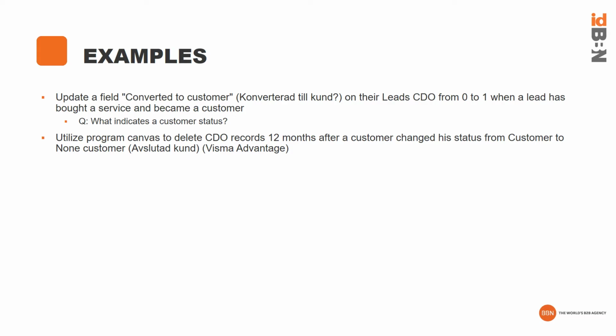Then there's another question: how to use Program Canvas to delete CDO records 12 months after the customer changed his status from customer to non-customer. In your customer CDO, you have a value avslutad that indicates that the customership has perished.